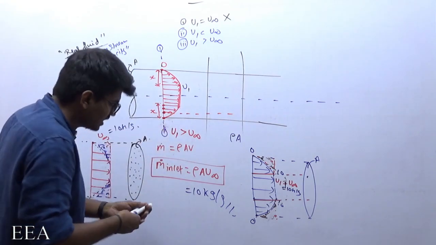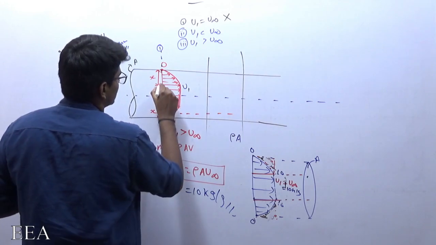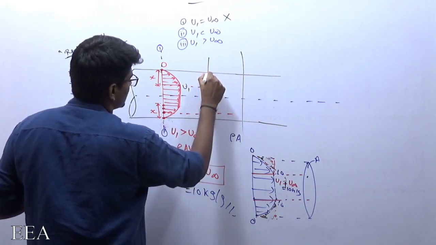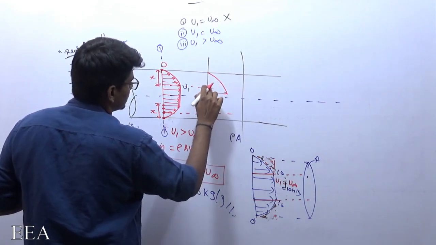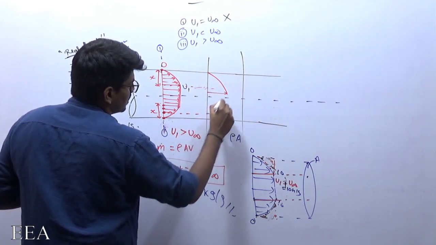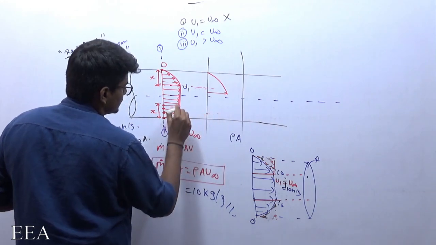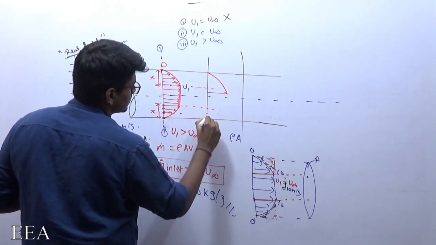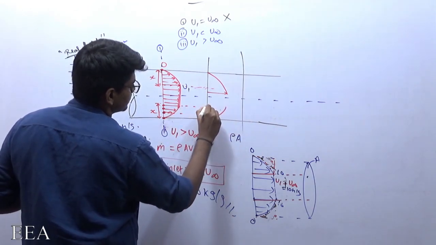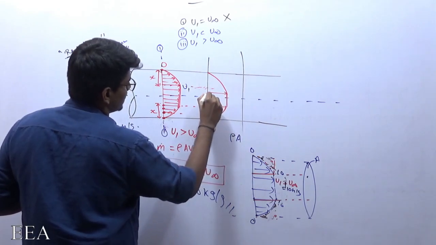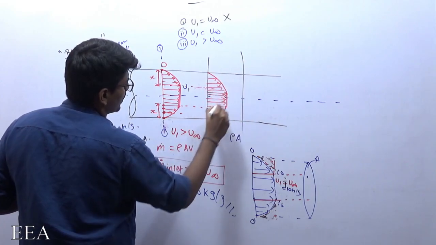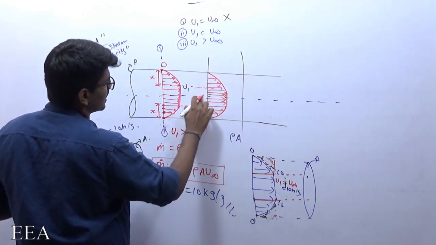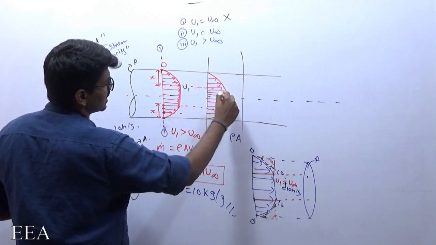Okay, so let me draw that. See, this is x, right? So it is not going to reach there. Now you can see I am not drawing it properly, but this is the center of the pipe, so it has to pass exactly through the center.